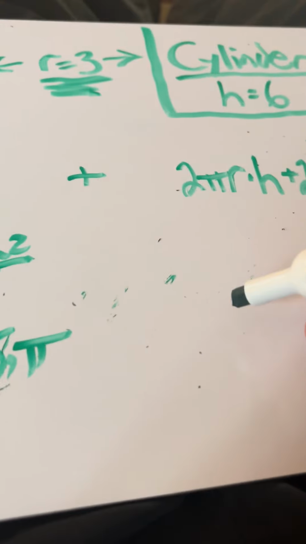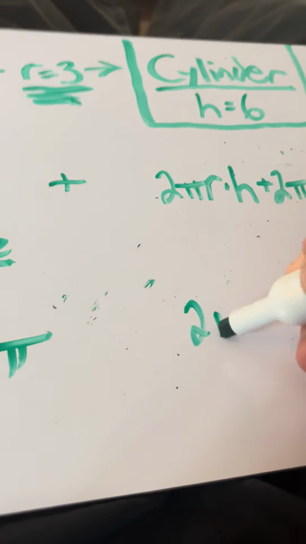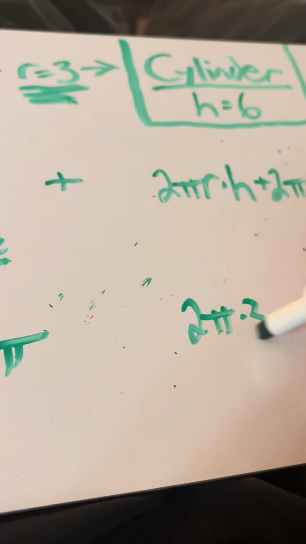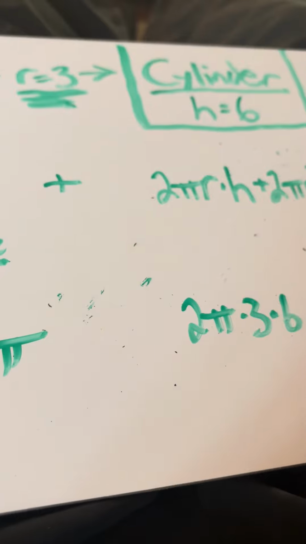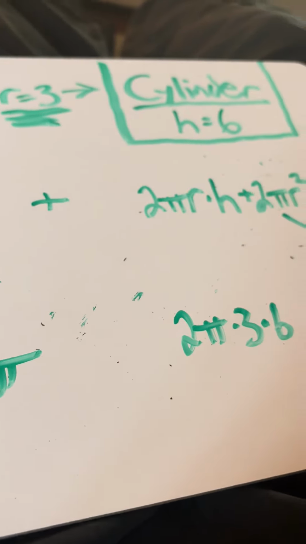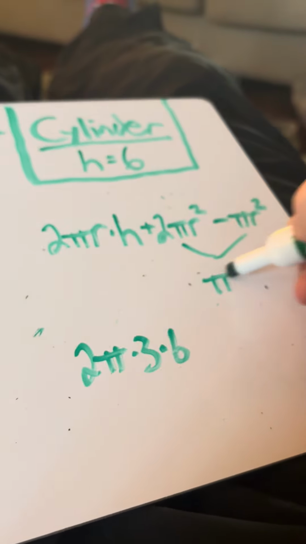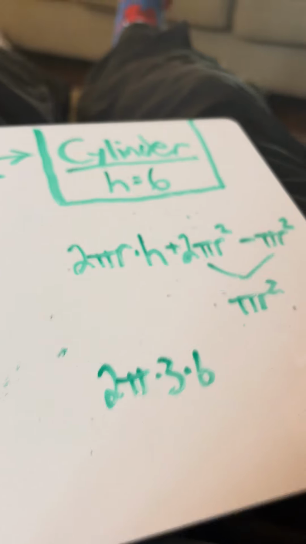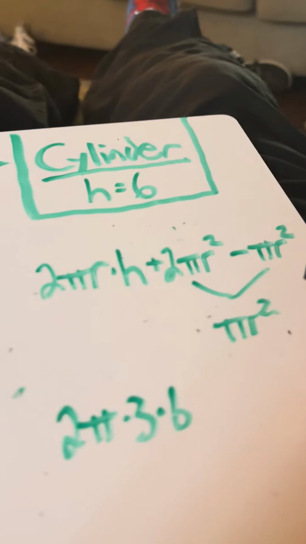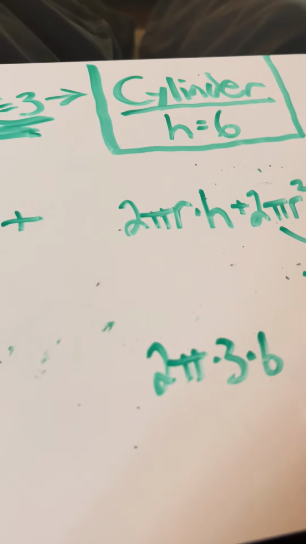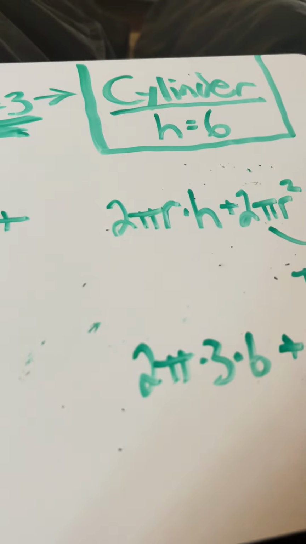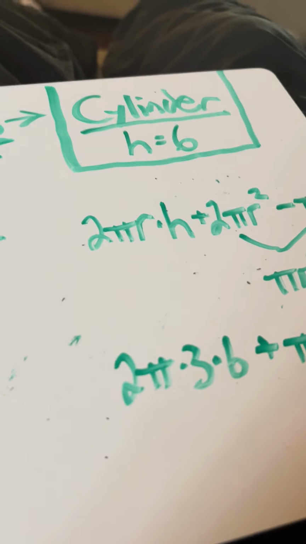Now over here, we're going to have 2 pi times the radius times the height. Of course, these just come together to be pi r squared because we had 2 pi r squareds and then we subtracted 1 pi r squared, so it just gives us pi r squared. So we're going to add pi times 3 squared.